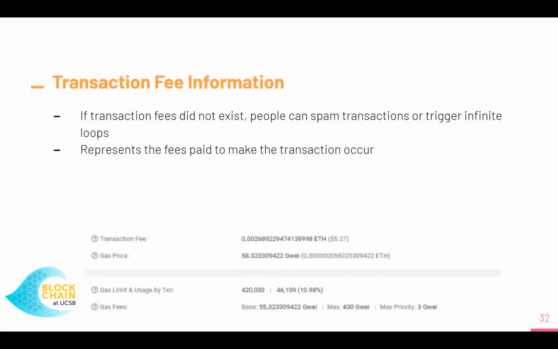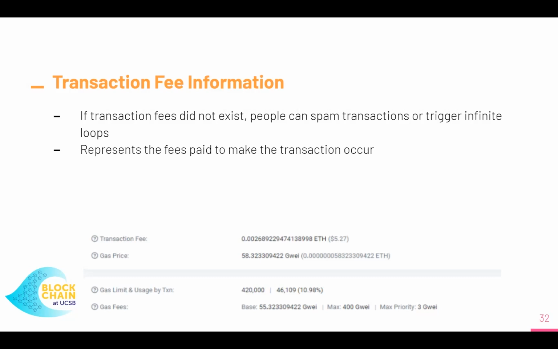Transaction fee information. You might have heard about transaction fees being very high or very low. We require transaction fees in open blockchain networks because if we do not have transaction fees, people can just spam transactions and overload the network because transactions are free in that case.